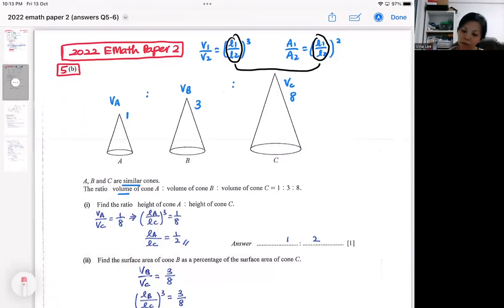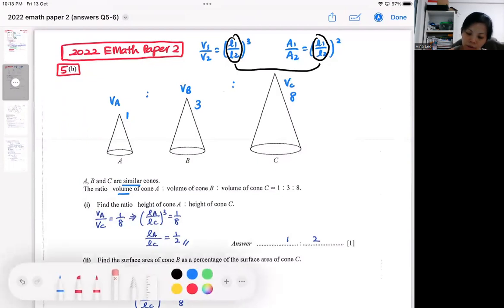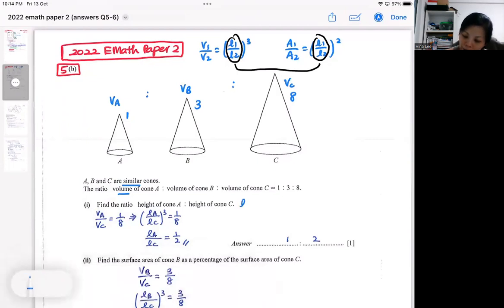So if I would like to get the height of cone A and height of cone C, essentially I'm supposed to find LA is to LC. It should come from the volume ratio.